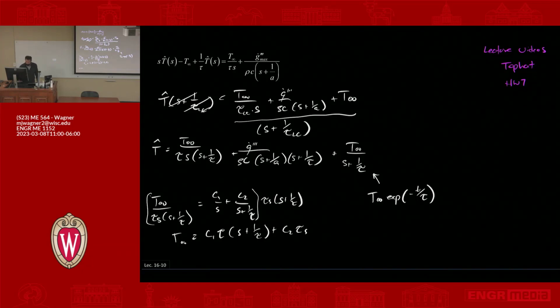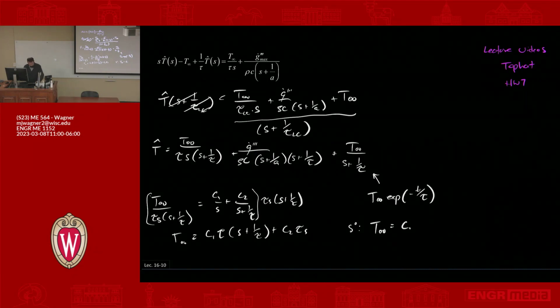Then we group like terms. So let's take everything that's multiplying s to the 0th power. On the left, that would be t infinity, and then on the right, that would be c1 times tau over tau. So that would just be c1. Okay, so that would be t infinity is equal to c1.